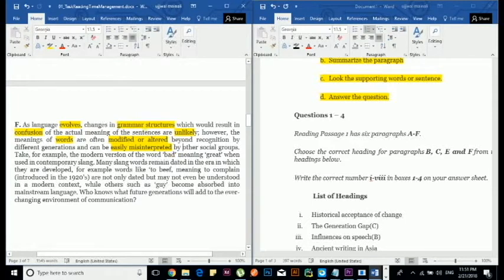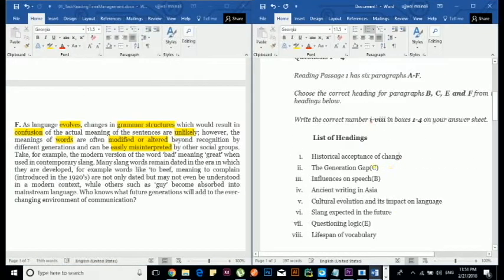So what the sentence is telling us is that evolutions of a language and the confusions brought by those evolutions upon the grammatical structures is really unlikely, but the modifications on the words or any kind of alterations of words are likely to be misinterpreted by a number of people. So, is it talking about historical acceptance of change?